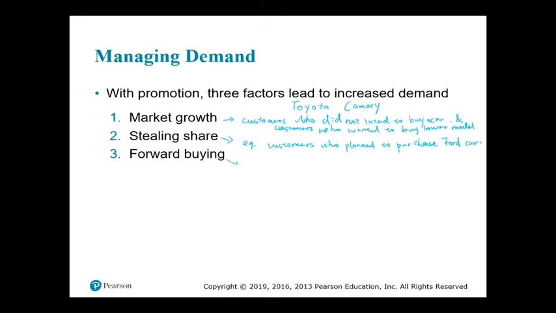And then the third one is forward buying. That's just shifting the demand from a different time to the current time. In this case, it will be shifting people who were planning to buy a Toyota Camry 3 months down the line to purchasing it now.